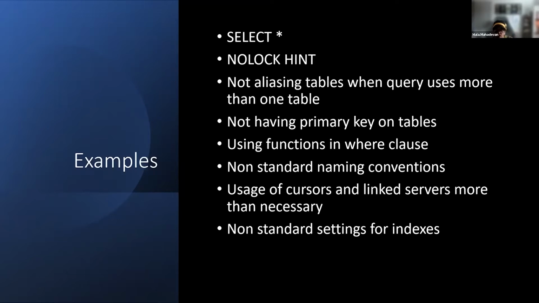So there are rules that are very specific to your organization, and there are rules that are generic in nature that everybody follows. So anti-patterns, essentially, are a combination of these two things. They're not just one list that everybody can follow the same way.